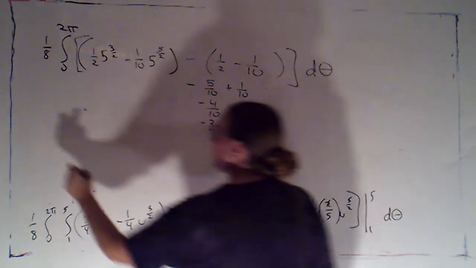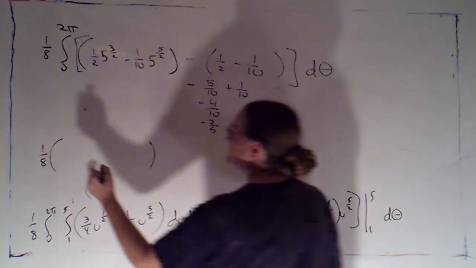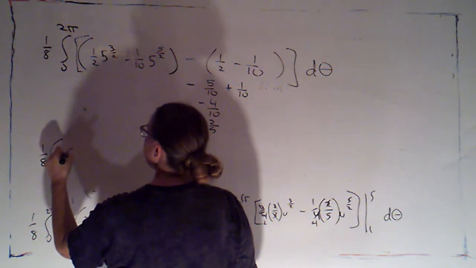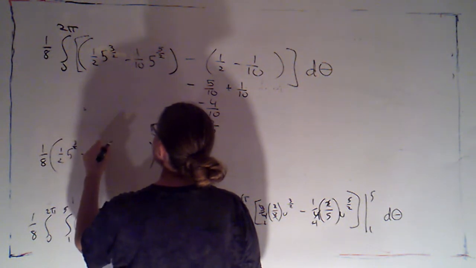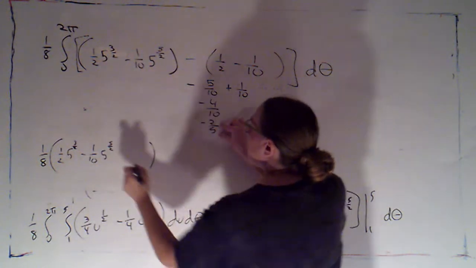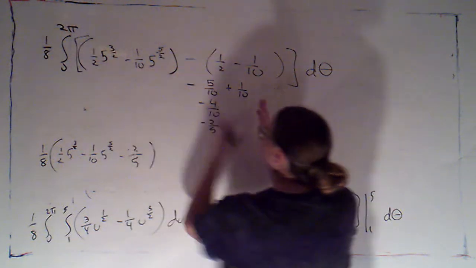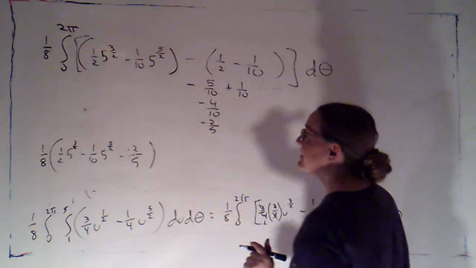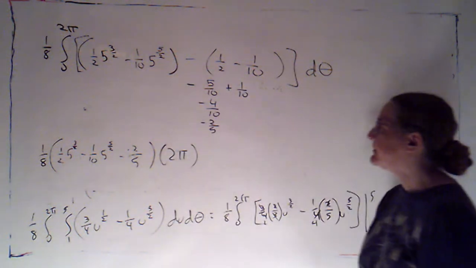So when I integrate, I'm going to get 1/8 times this constant inside is 1/2 of 5 to the 3/2 minus 1/10 of 5 to the 5/2 minus 2/5. All of that was this constant, and then times 2 pi.